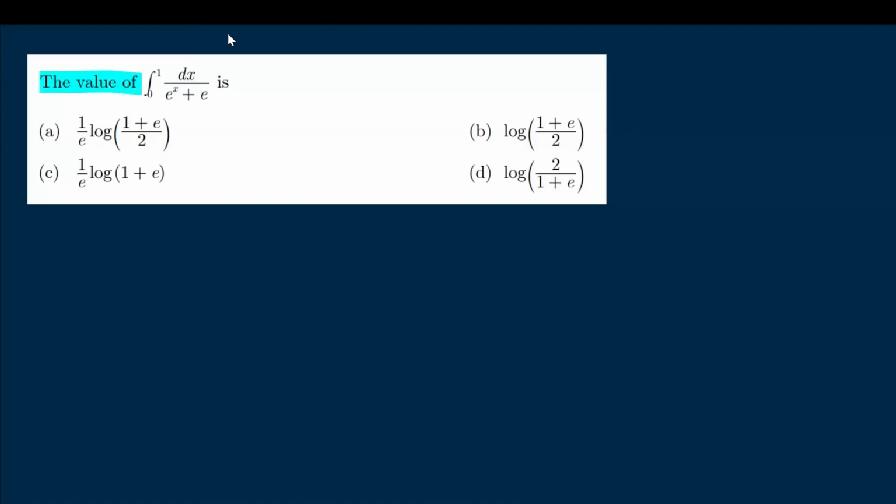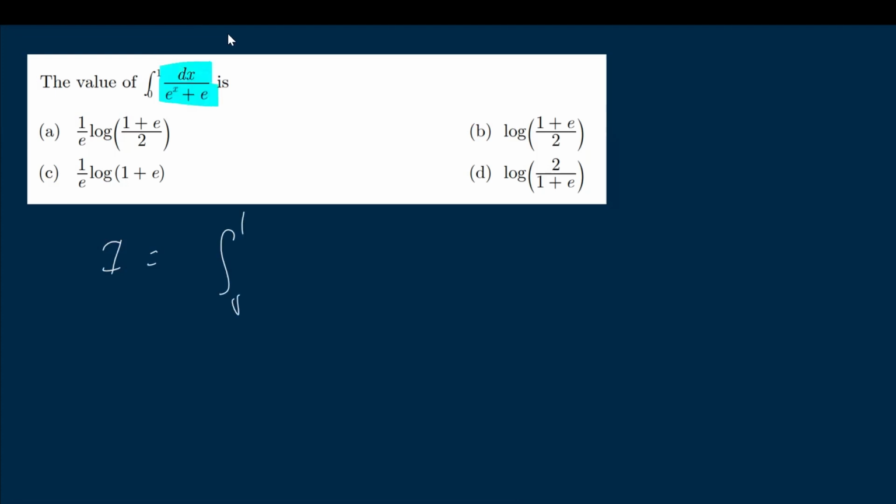The next question is to find the value of the integration from 0 to 1 of 1 over e raised to the power x plus e. Now this is an MCQ, so we will write I is equal to, and what I'm going to do here is multiply and divide the numerator by e raised to the power x.